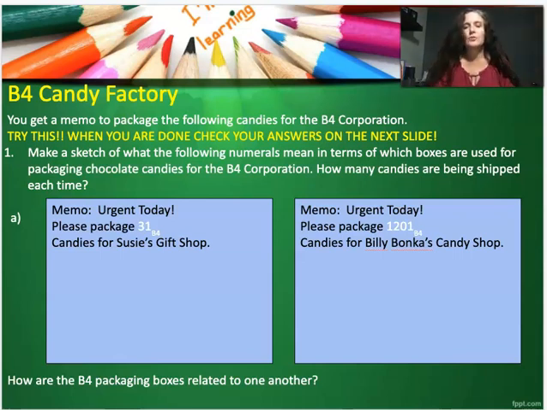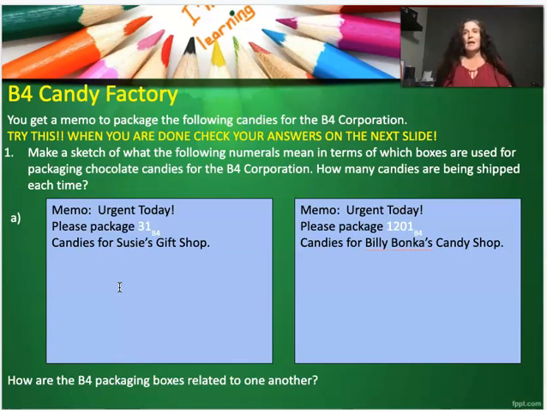So think about what you would draw right here for your candy boxes. And it's really helpful if you just use a square for flats, a line for longs, and an X for units. Because if you keep trying to draw all those rectangles, it's very time consuming and it doesn't look very consistent. Same thing on the second memo.